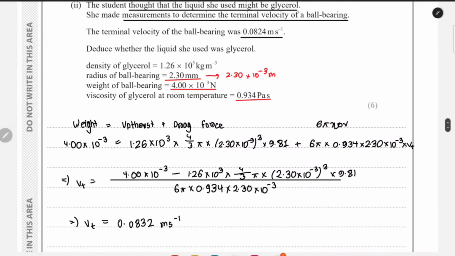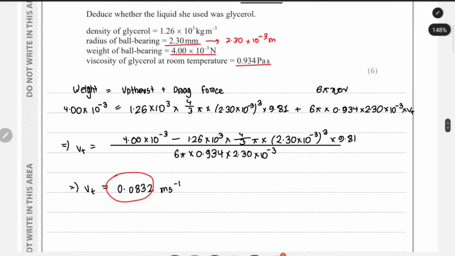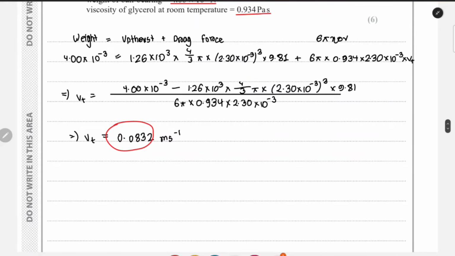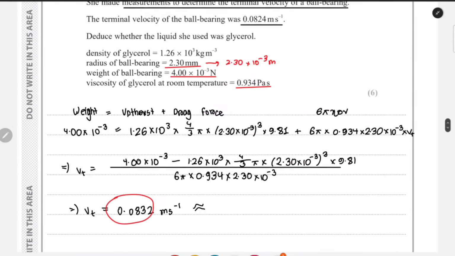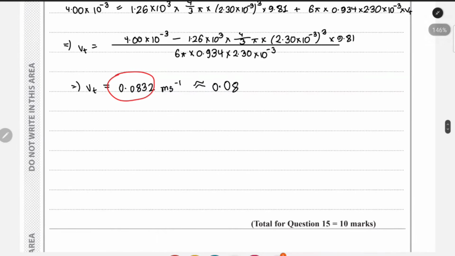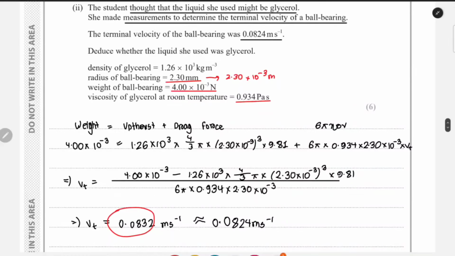So the values here, 0.0824 and 0.083, are very close to each other. So this is approximately equal to 0.0824. Therefore, we can say that the liquid might be glycerol.